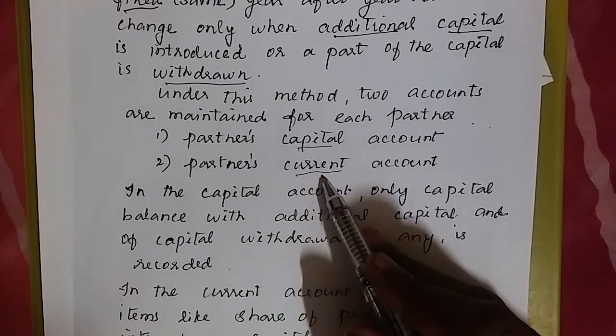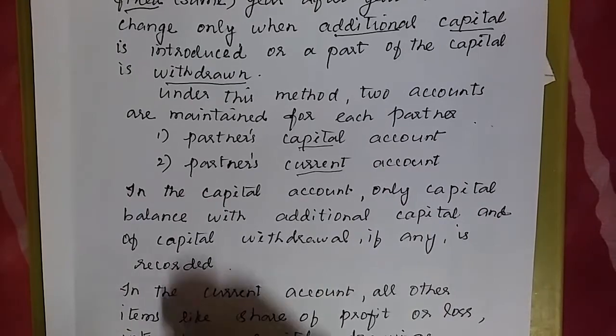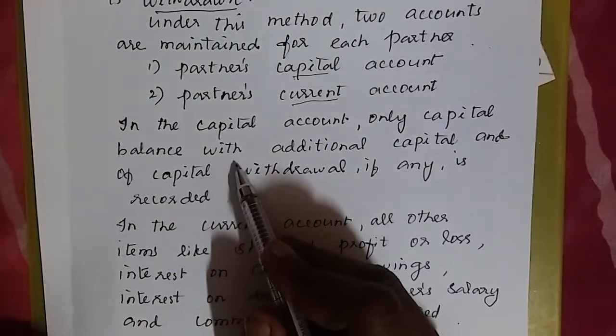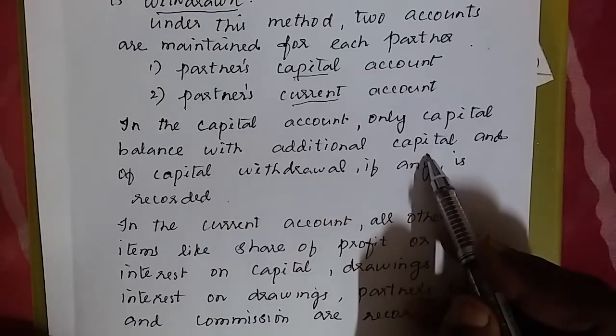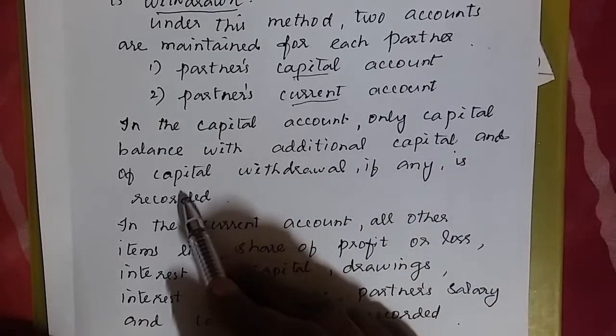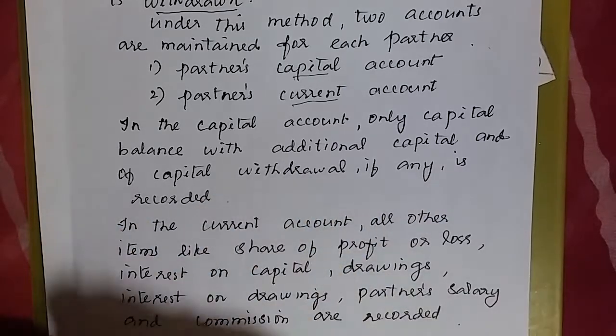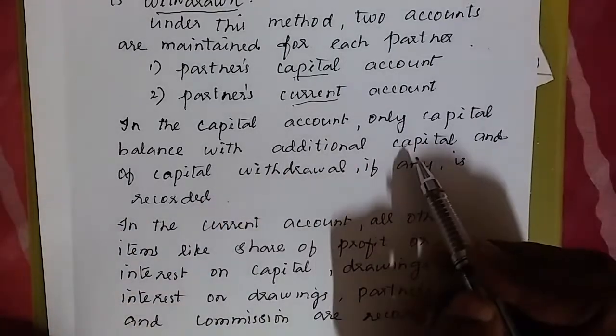Everything should be entered in partners current account. In the capital account, only capital balance with additional capital and capital withdrawal, if any, is recorded. I think you have understood.